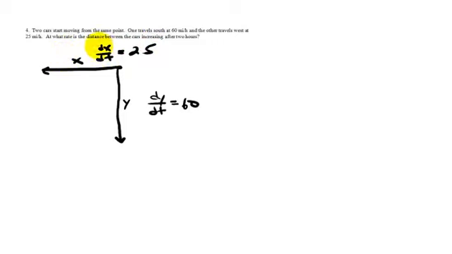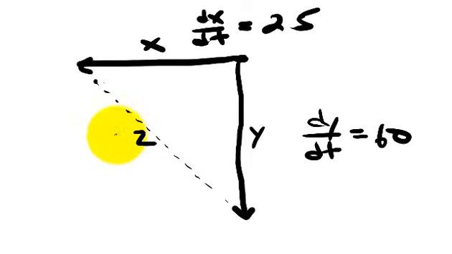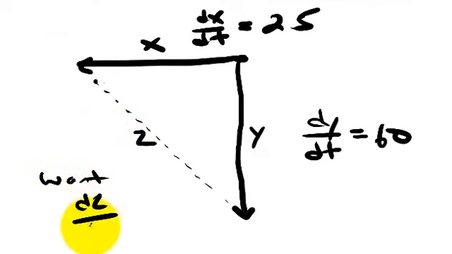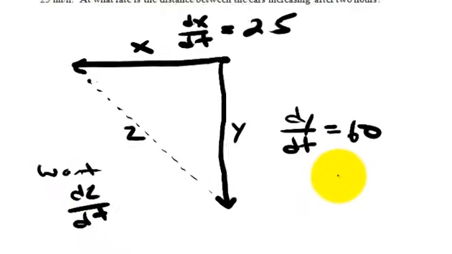At what rate is the distance between the cars, which is right here, I'll call that z, increasing after 2 hours? So what I want is dz/dt. Okay, so let's see what we have.